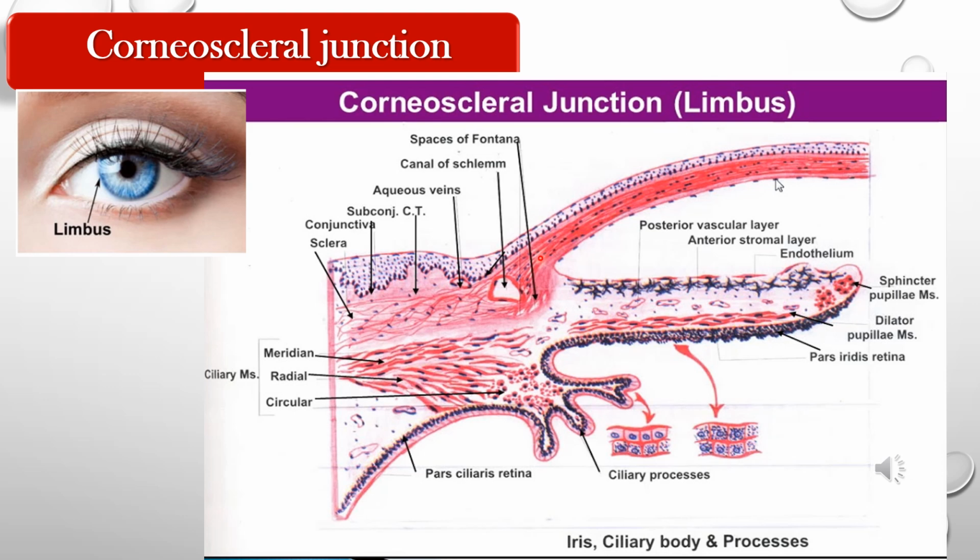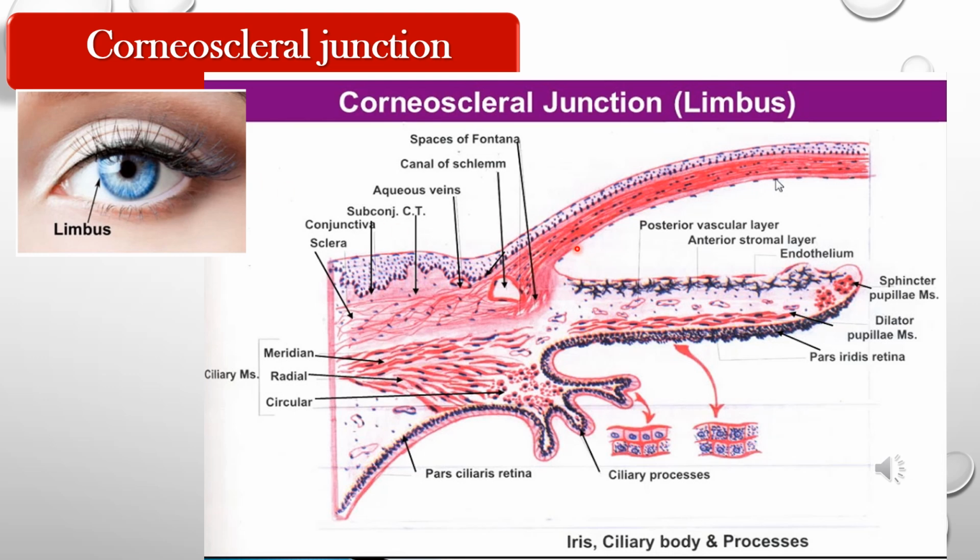As we mentioned, the junction between the cornea and the sclera is called the corneoscleral junction or the limbus. It is about 1 millimeter wide, a ring-like transitional zone between the cornea and the sclera. This is the limbus. It is a highly vascularized structure. It shows the following histological characters.